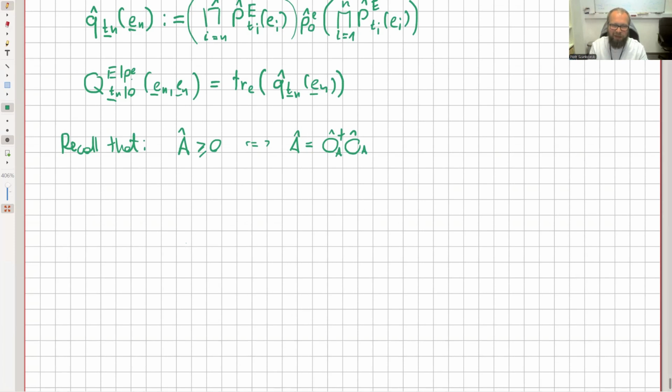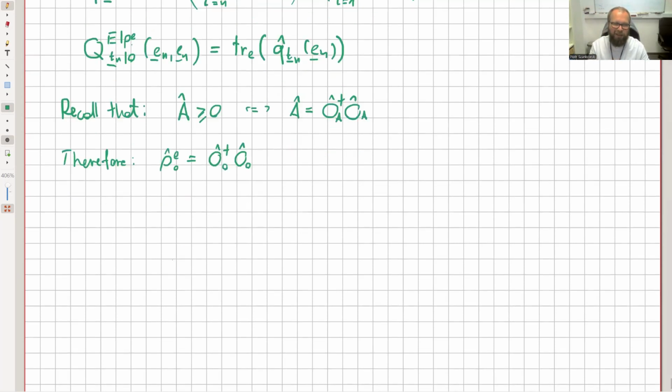So in particular, therefore, rho at E0 can be written in this way because rho has to be positive semi-definite, so its square root is well defined.